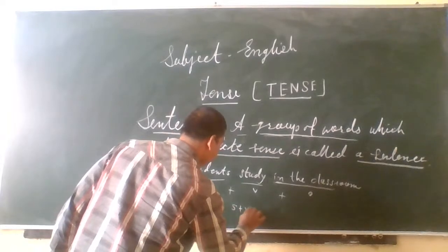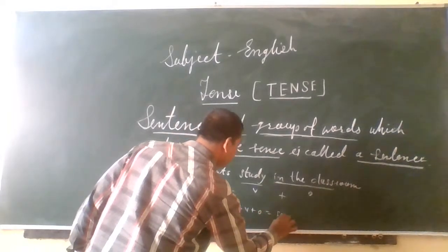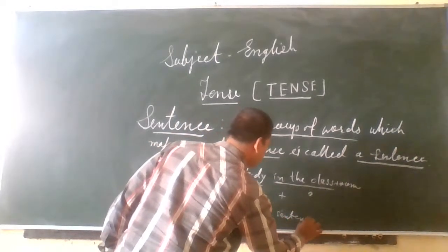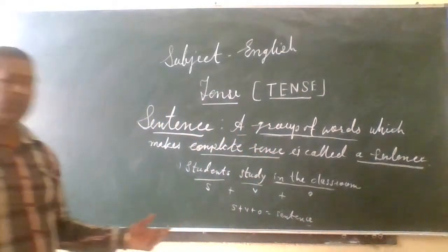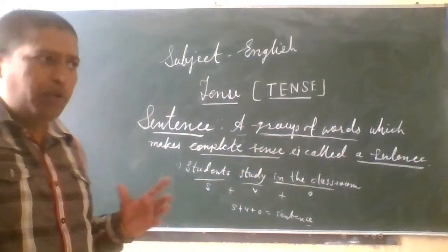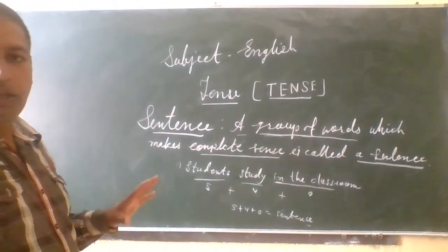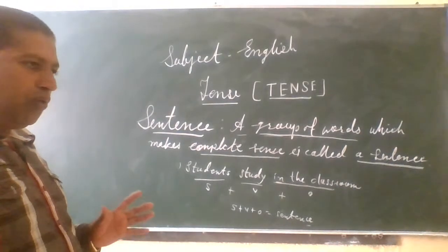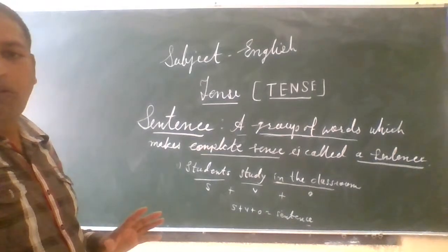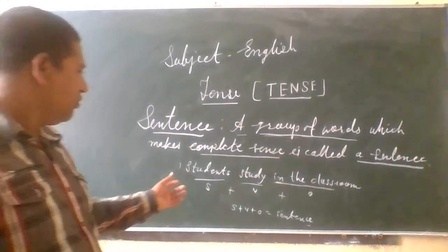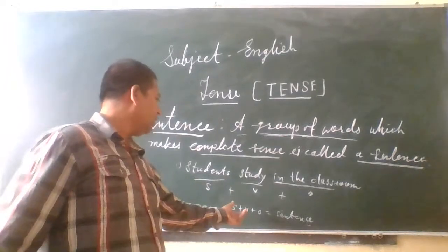This is the sentence pattern. Every sentence is going to make subject plus verb plus object. Without subject, without verb, without object, we cannot make the sentence. So this is the formula of the sentence.